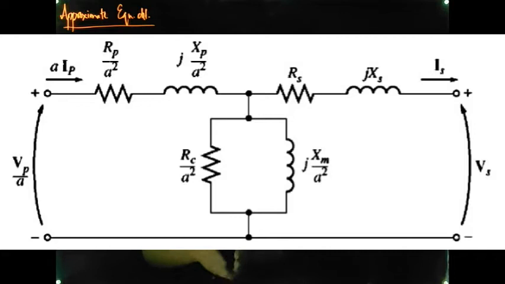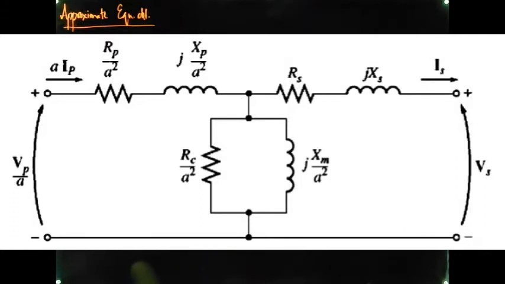The only difference is that we have clubbed the two electrical circuits into one by referring the primary side to the secondary side or the secondary side to the primary side. In case of referring the primary side to the secondary side, RC and XM will also get divided by A square.